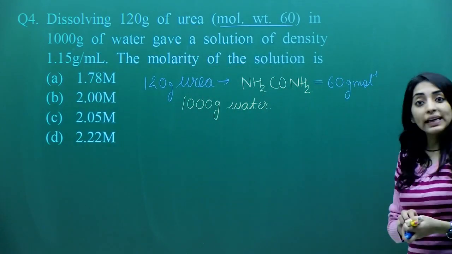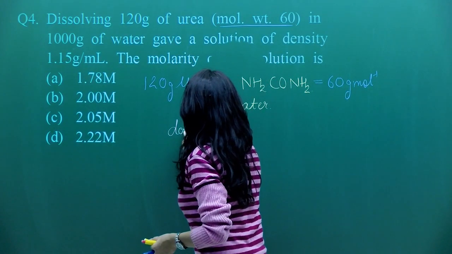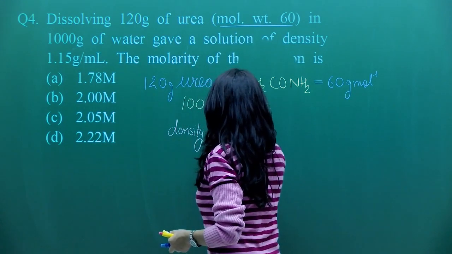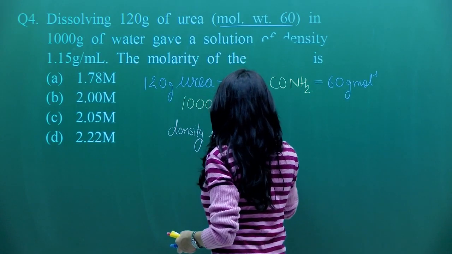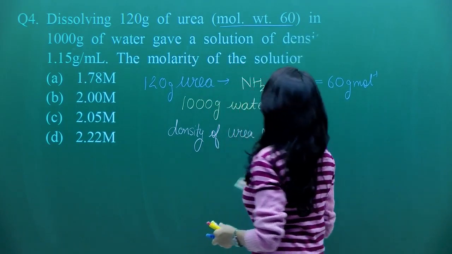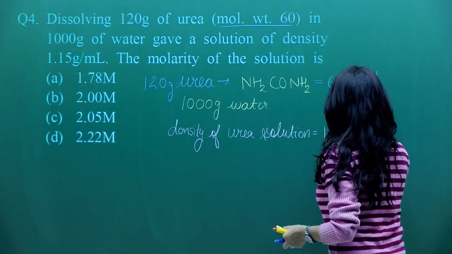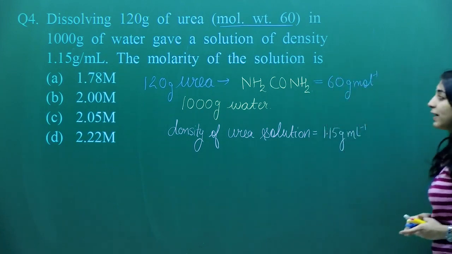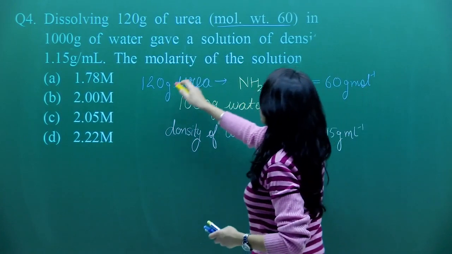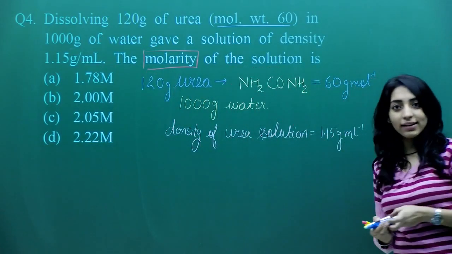And it gave a solution whose density is, density of urea solution, given to be 1.15 grams per ml, and we simply need to calculate the molarity of the solution, right?